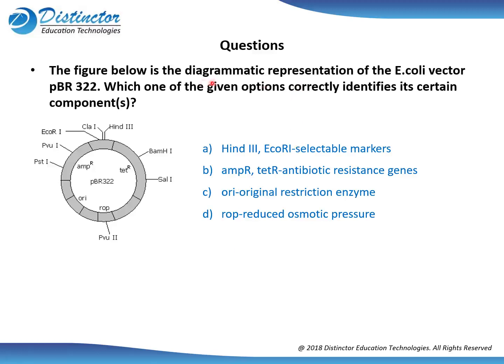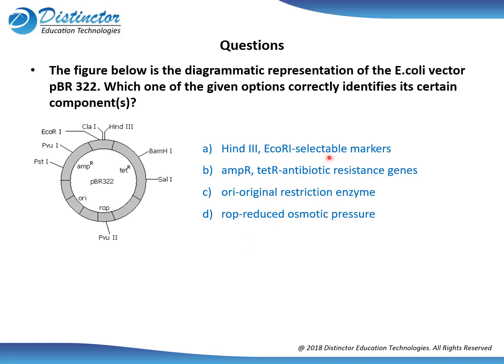So coming to the question part, the figure below is the diagrammatic representation of an E. coli vector, that is pBR322. Which one of the following options correctly identifies its certain components? Option A, HindIII and EcoRI, which act as selectable markers, or ampicillin and tetracycline resistance, which act as antibiotic resistance genes, or ORI, which is an expansion of original restriction enzyme, or ROP, reduced osmotic pressure.